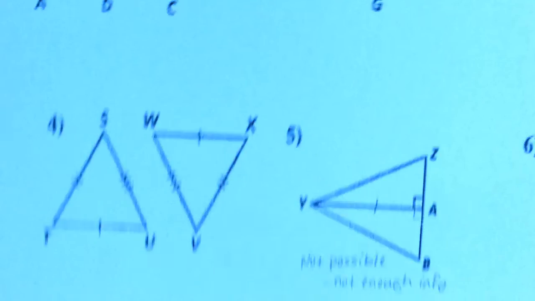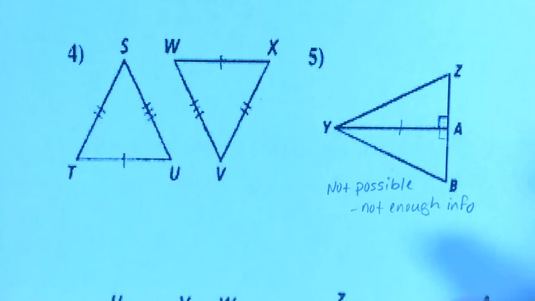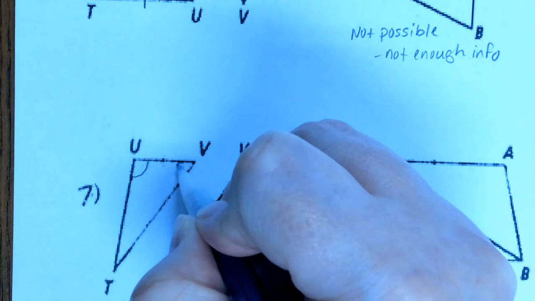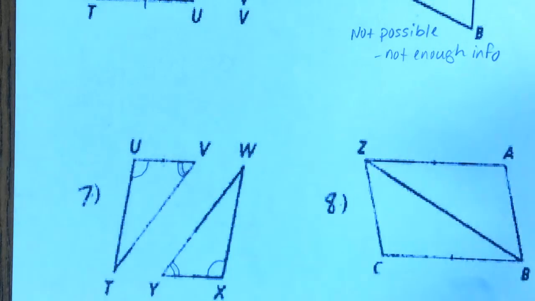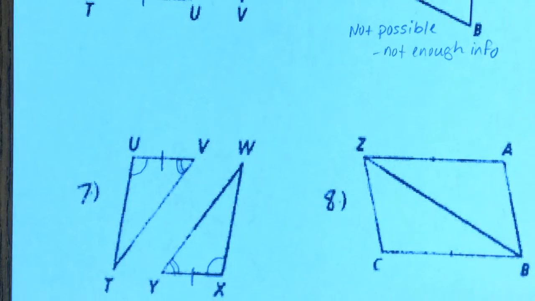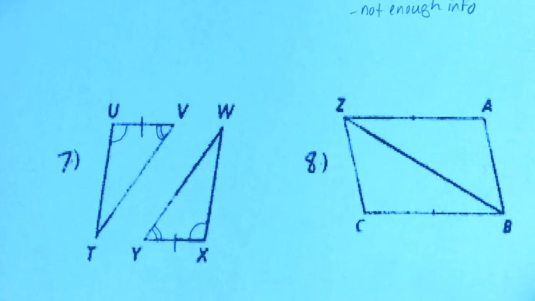We did 5 and 6. 7, there's a 1 angle mark here and a 2 angle mark here. There's a 2 angle mark here and a 1 here. There's a side here and a side here. That one was really hard to see, at least in my opinion.